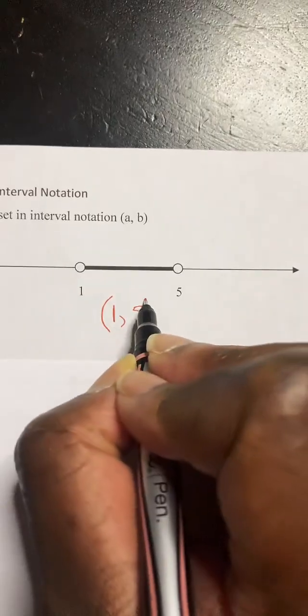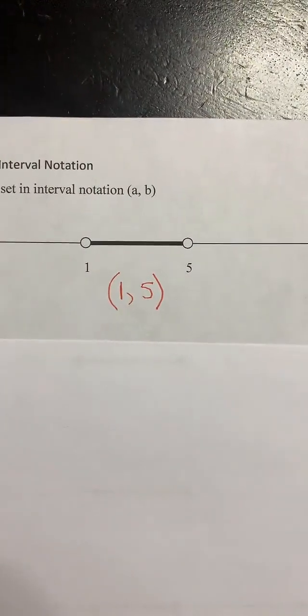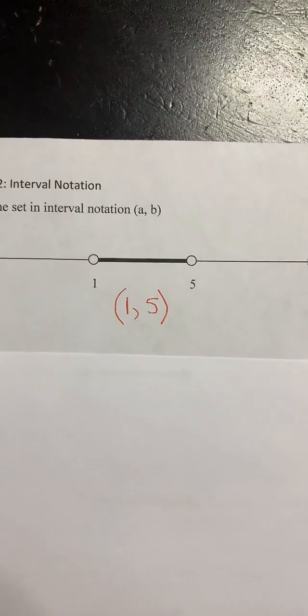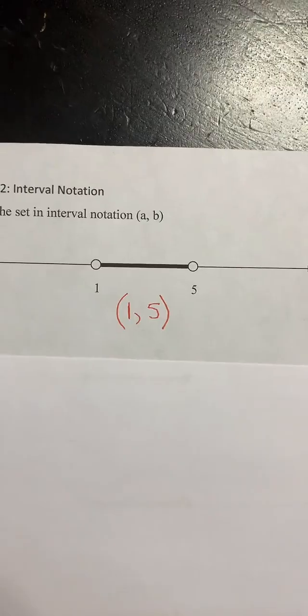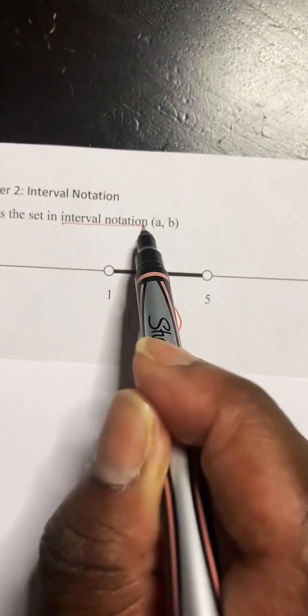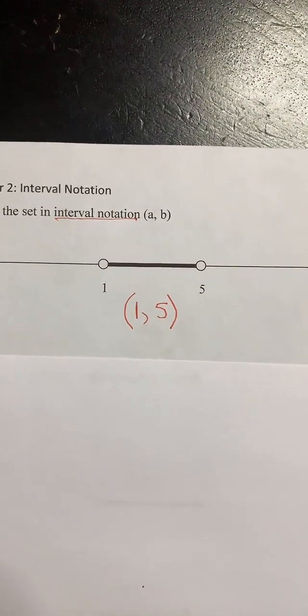So they're both going to be parentheses. And I know it's tough because when you look at it, you see an ordered pair. So you really have to look at your directions if you ever do any kind of testing. Look to see if they mention the words interval notation. Make sure you look for that.